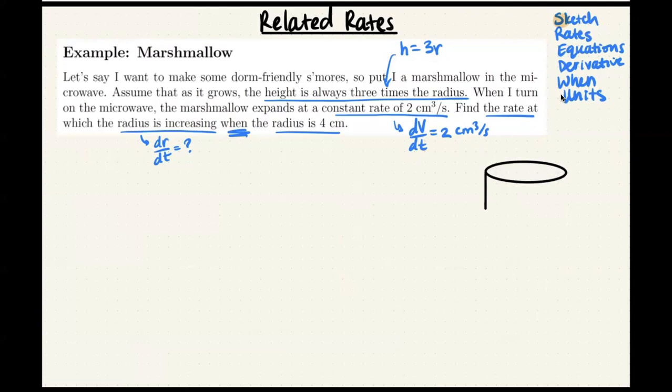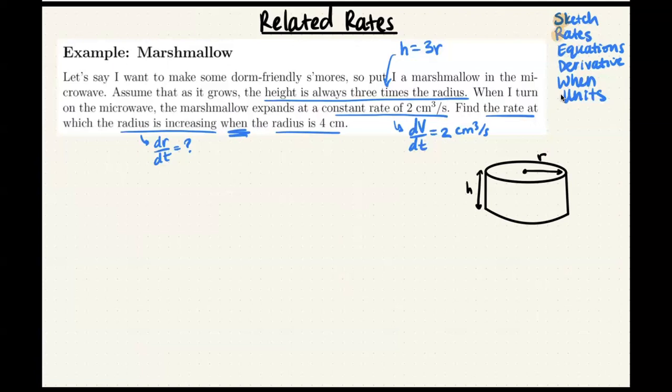I've got this side, and then it connects like that. Pretty good, there's my marshmallow. Let's say the radius is that portion, and the height is this portion. For a lot of equations for cylinders, you need to know the radius and the height, like the volume equation, the surface area equation, all those kinds of things. The radius and height are important. All right, so there's our sketch.